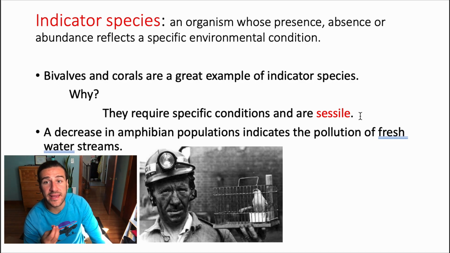A major indicator species that many ecologists use today are amphibians.